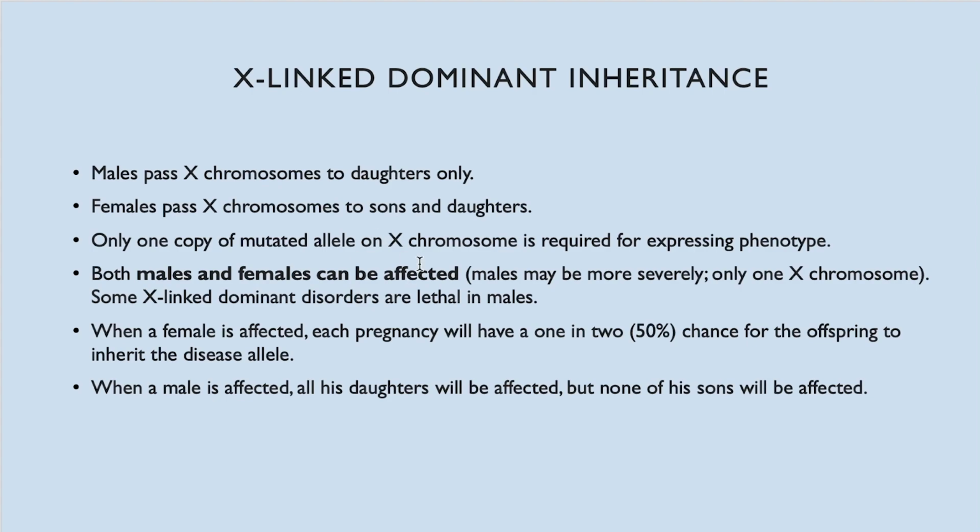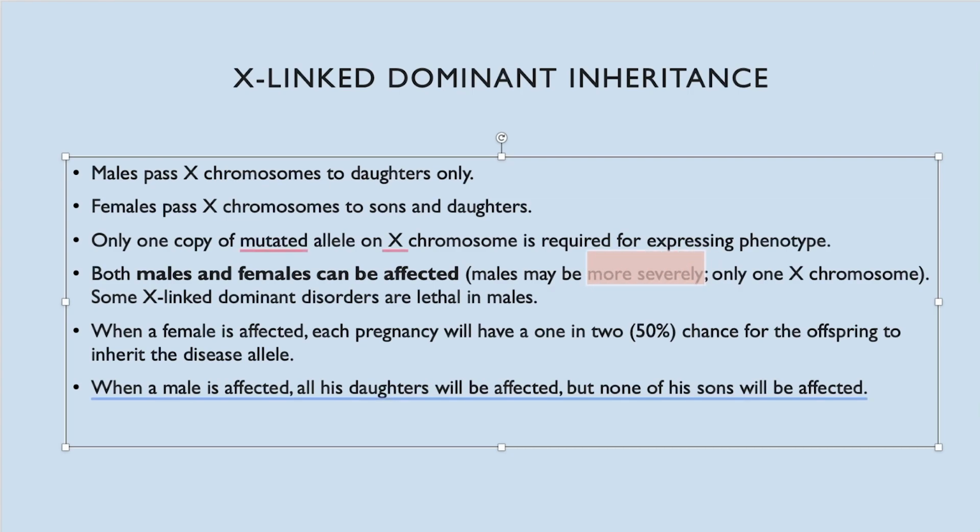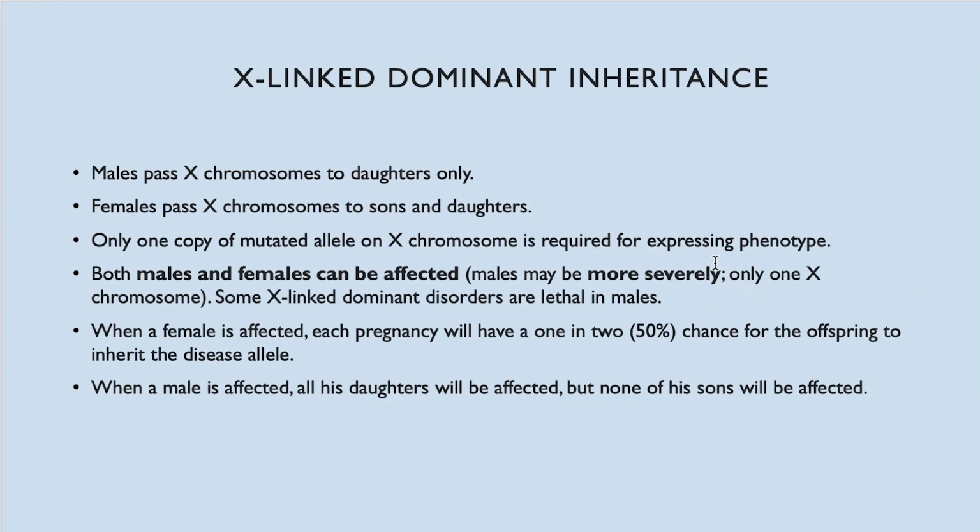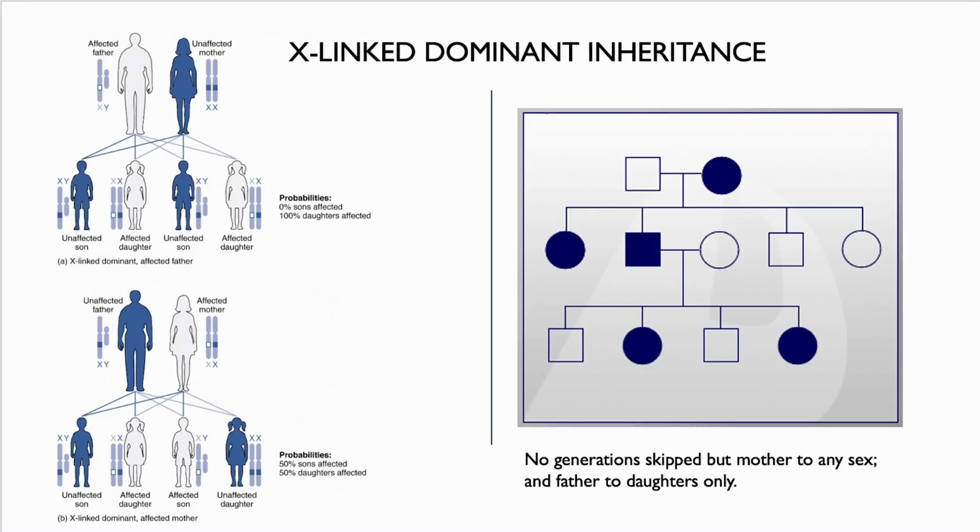The only difference is that males will be affected more severely because of having only one chromosome. There is no backup copy of the genes that we have in the X chromosome. There we have the pedigree of X-linked dominant. Notice that generations are not skipped.